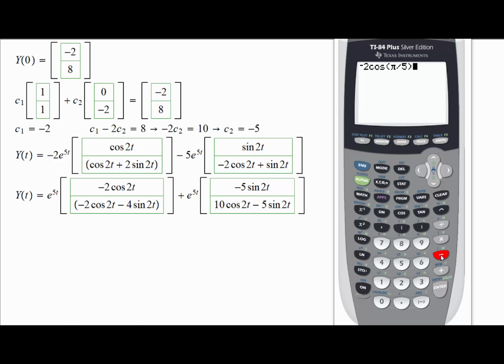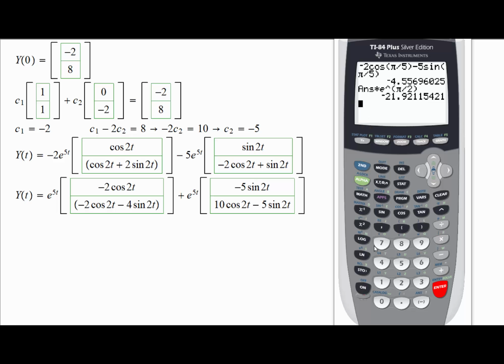Then here we get -5 sine of, again 2 pi over 10 would be pi over 5, and we have to make sure we multiply it by e to the power 5t, right? So that will be 5 pi over 10, that is pi over 2. So that is -21.92. So we shall enter that value in the answer box there, okay?